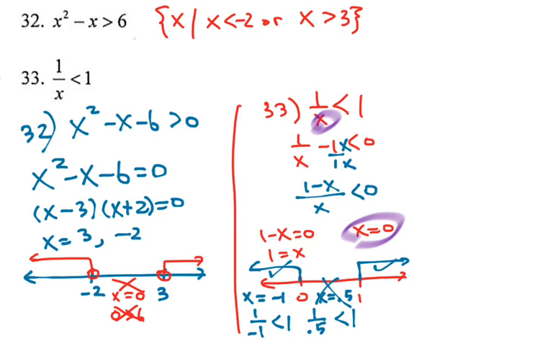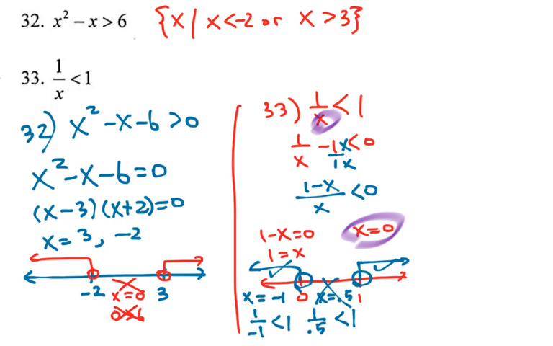Because that value will not be part of our domain, the fraction is not defined. So it's not part of the values which we can compare. So therefore, no matter what, about 0, we will have the open circle. But the other value, the boundary that we got from the numerator, will always follow the inequality sign. Since in this case it was simply less than 1, that's why it has to be an open circle. But if it had been less than or equal to, it would have been a closed circle.